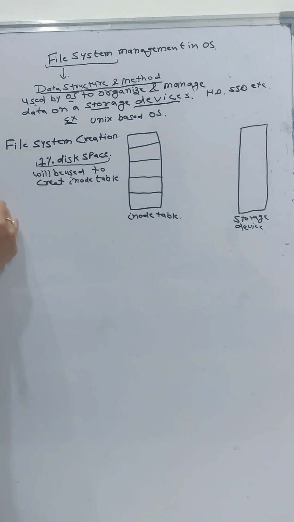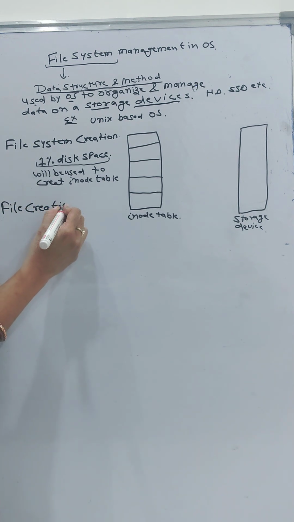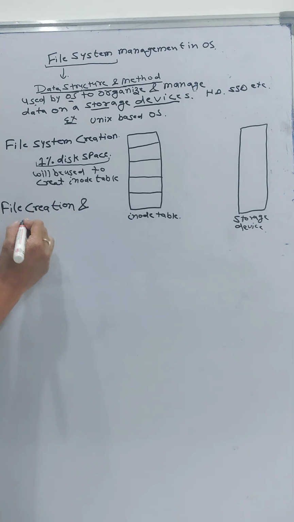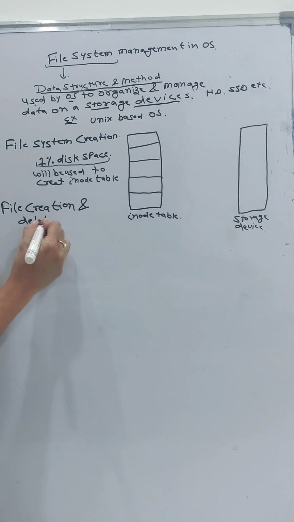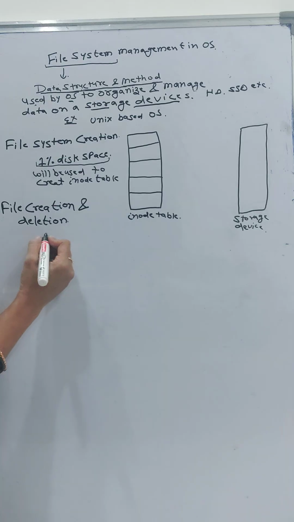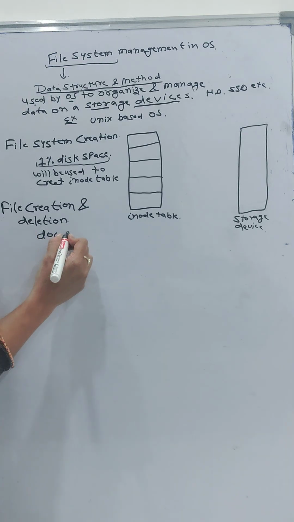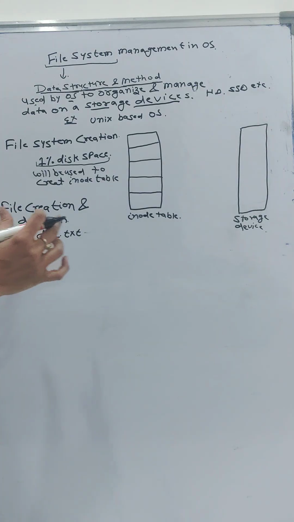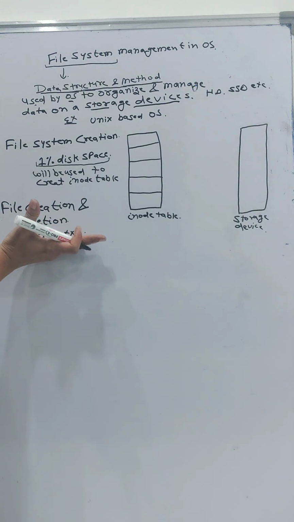Now second point is file creation and deletion. Suppose user creates a file doc.txt, and user wants to save this file.